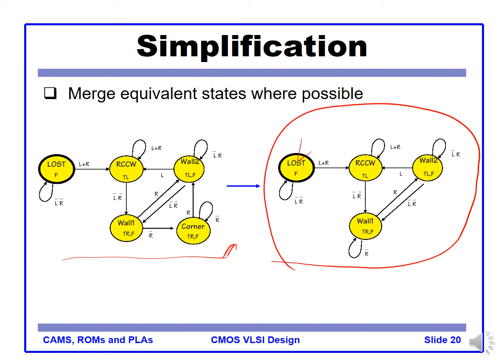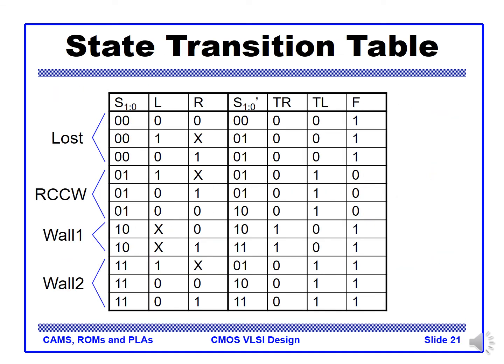Finally, we have four states, and between the states we have conditions and also outputs, right? Each state gives us a certain output. This is the final state transition table.